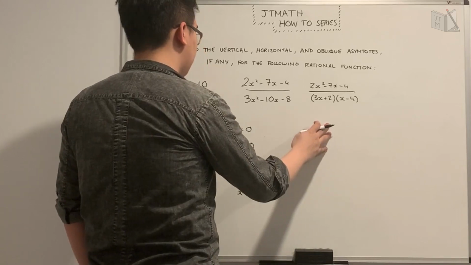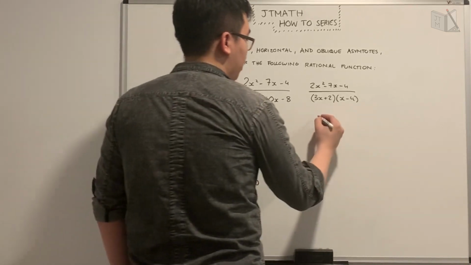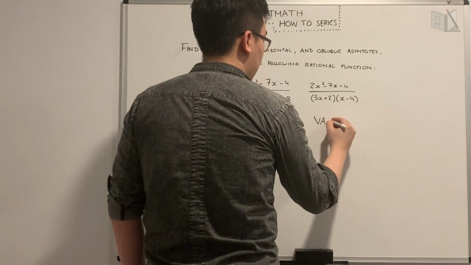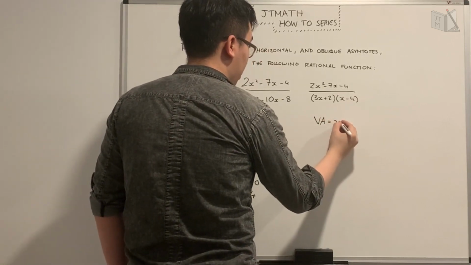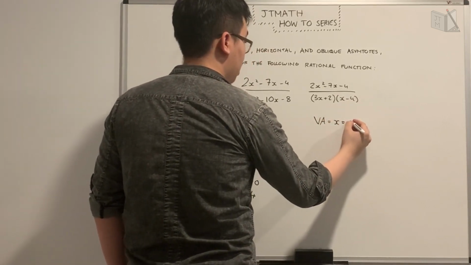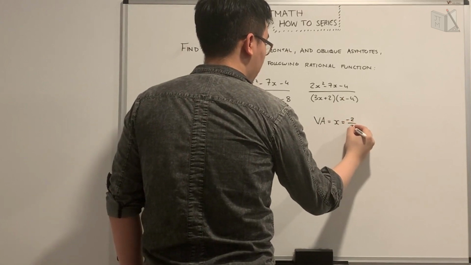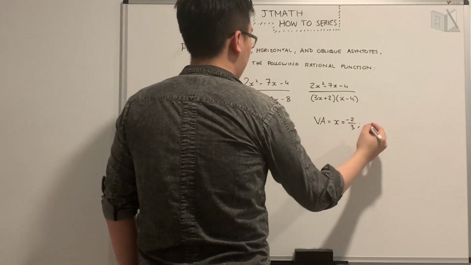If I were finished with this question right now, I would say that my vertical asymptotes are at x equals minus 2 over 3 and x equals 4.